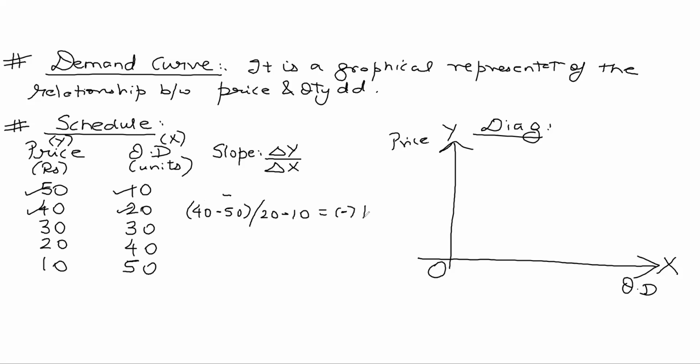Minus 1. Similarly, this will be 30 minus 40 divided by 30 minus 20, which is again minus 1. Similarly, guys, you calculate for the other parts, it comes out as minus 1. So you can see, since the slope is a constant, my demand curve is linear.